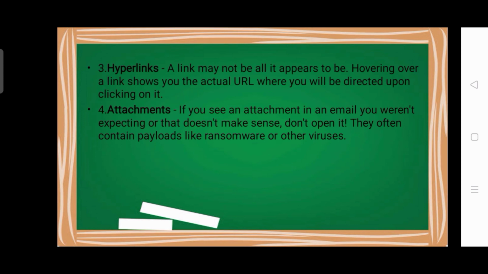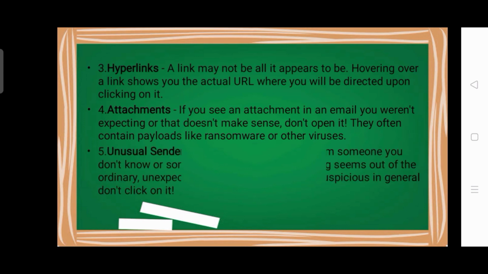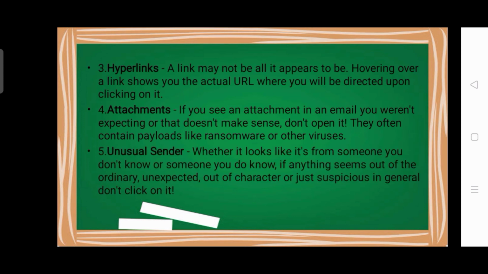They often contain payloads like ransomware or other viruses. Unusual sender. Whether it looks like it's from someone you don't know or someone you do know, if anything seems out of the ordinary, unexpected, out of character, or just suspicious in general, don't click it.